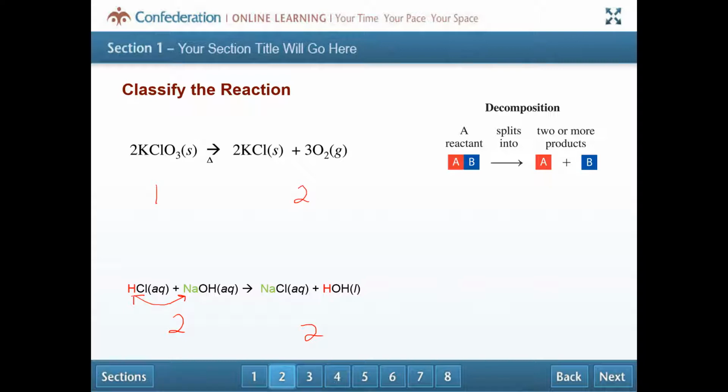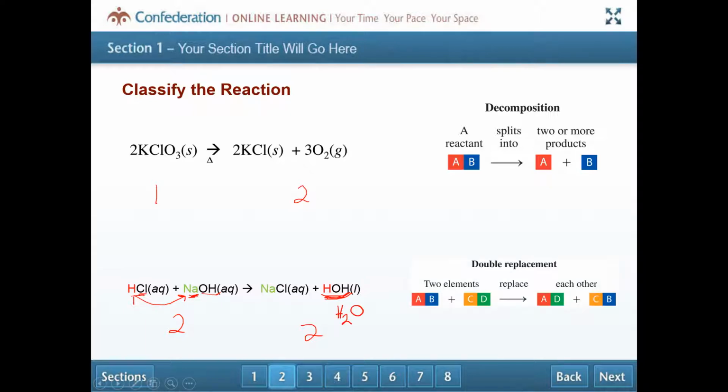So the chloride is now with the sodium when it was with the hydrogen before, and the sodium has left the oxide here, and then the hydrogen has taken its place. And notice this is HOH, the liquid. That's actually water, so it could also be written as H2O. Okay, so that would be a double replacement reaction.